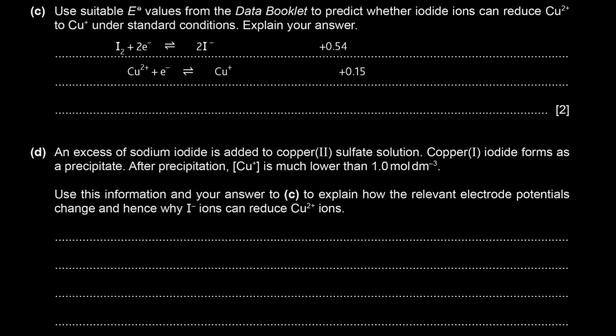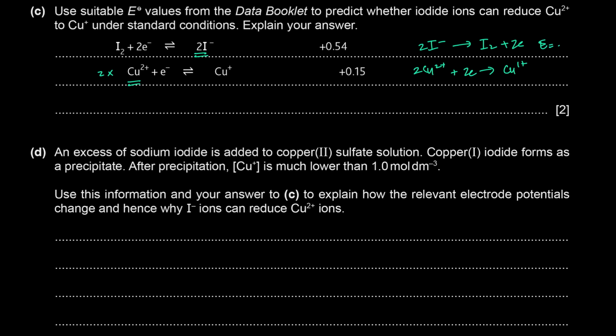So if I started with iodide ions, and let's balance the electrons, so multiply by 2 here, and I also have copper 2 plus ions, what would I get? My starting reactants form copper 1 plus.